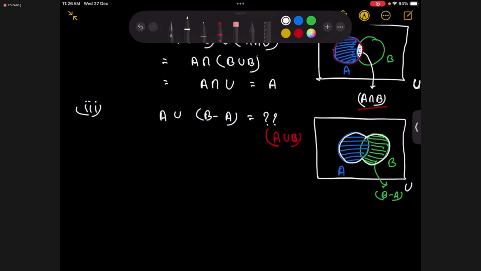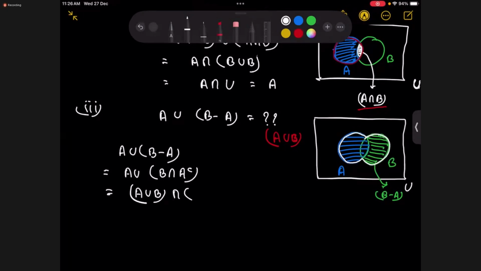So A union (B minus A) is equal to A union (B intersection A complement). This is equal to (A union B) intersection (A union A complement).